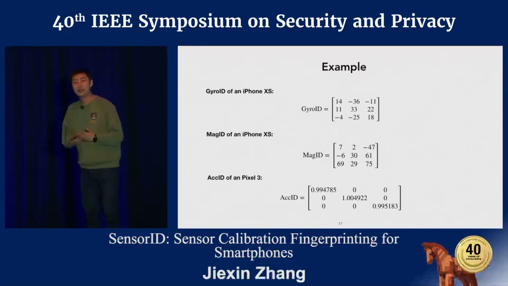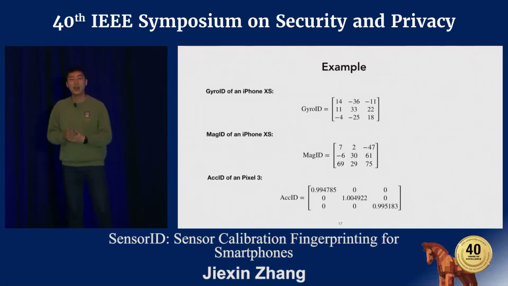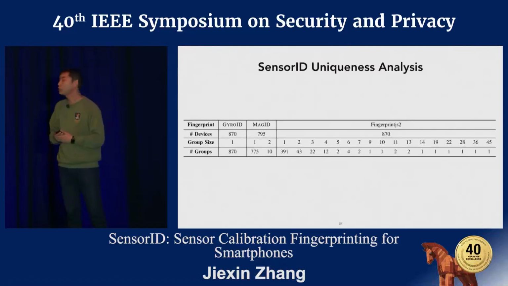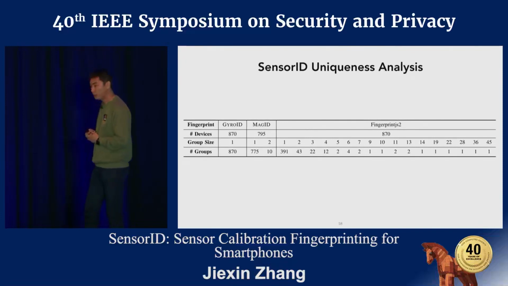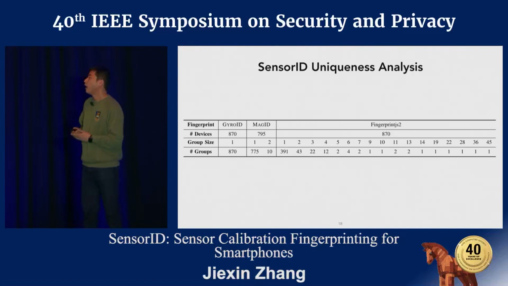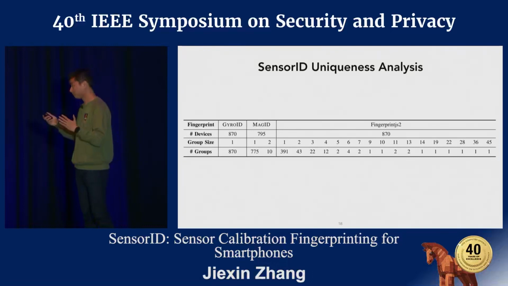So now that we know that we can generate the SensorID, the next important question is, how unique is this fingerprint? To answer this question, we compared our approach with another fingerprinting framework called FingerprintJS2, which utilizes a set of traditional browser fingerprinting techniques, including canvas fingerprinting. So here, the group size means the number of devices sharing the same fingerprint.